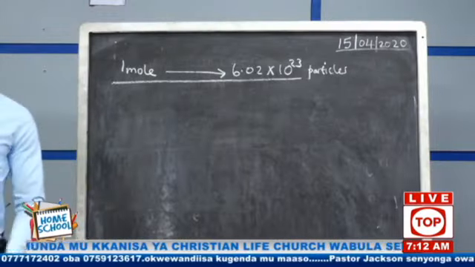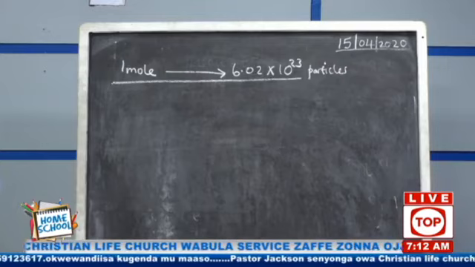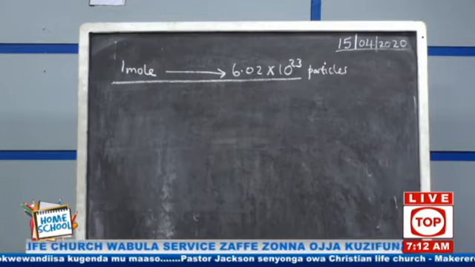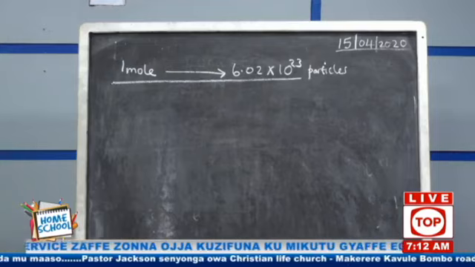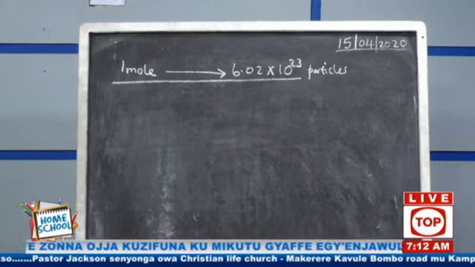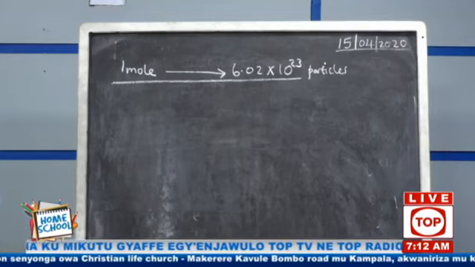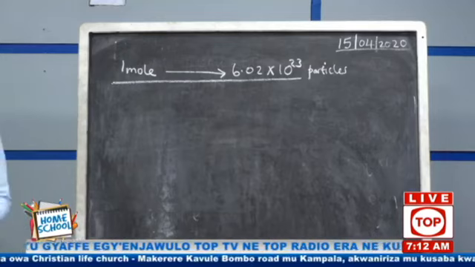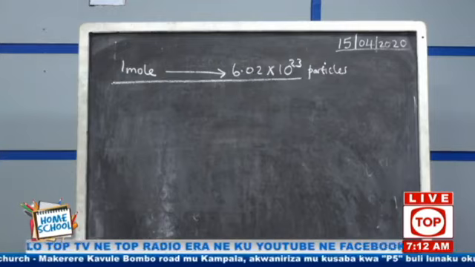So when we go to example 1, we look at example 1 saying calculate the number of atoms in 8 moles of sulfur. On our slide 12, look at calculate the number of atoms in 8 moles of sulfur.